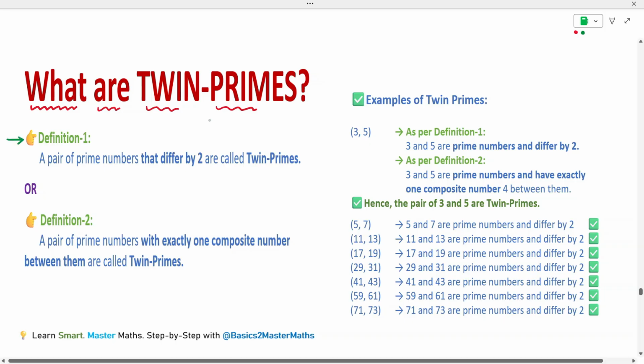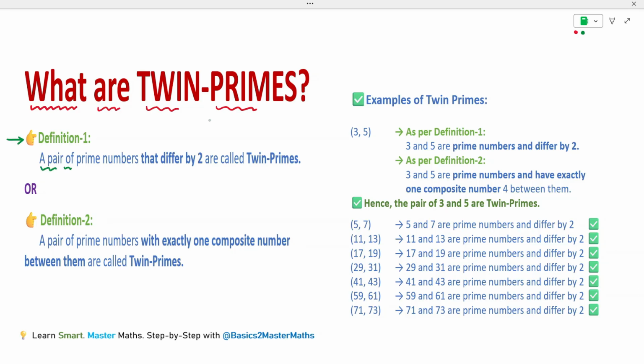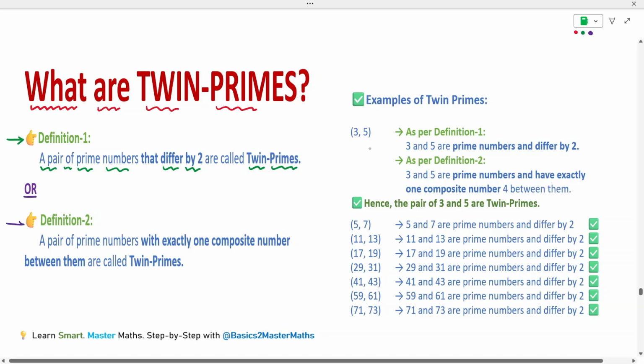Definition 1. A pair of prime numbers that differ by 2 are called twin primes. Or definition 2.